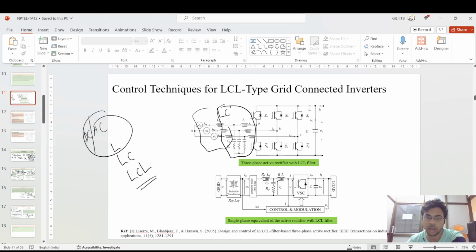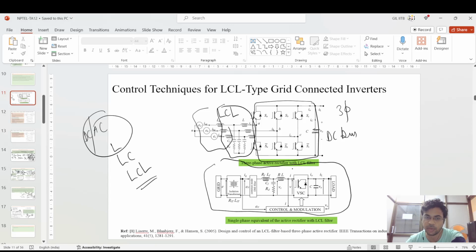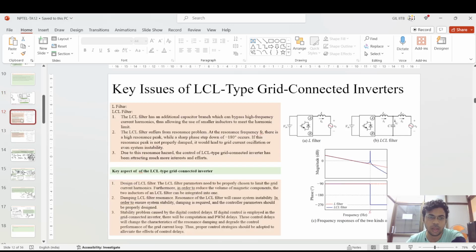If you see, this is the AC connected system, and this is the LCL filter, and this is the three-phase inverter, and this is the DC busbar. And in the lower image, this is the single phase equivalent of this active rectifier with this LCL filter with the same features of this AC system.